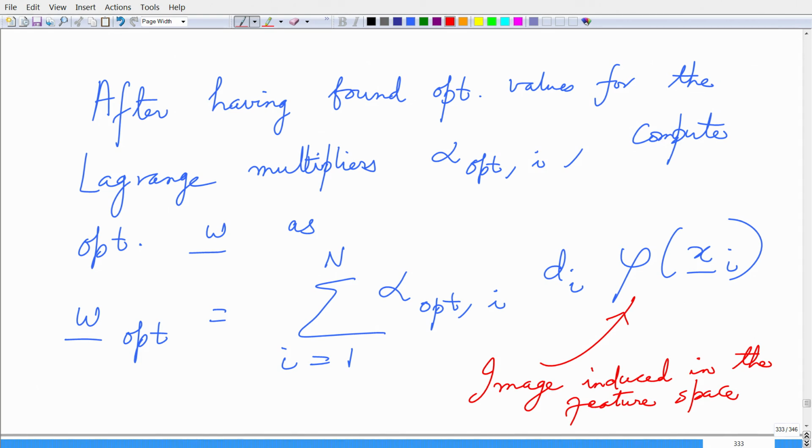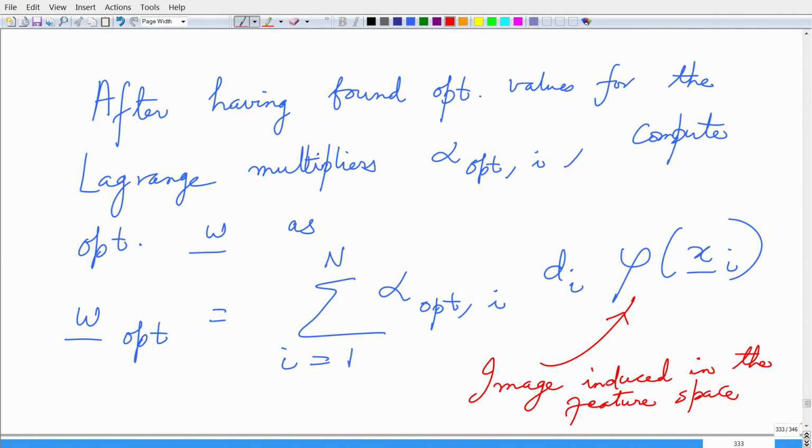Then I can compute the optimum weight vector W according to this equation that I have written down, which is summation i equals 1 to capital N, the optimum Lagrange multiplier multiplied by the desired response times the image induced in the feature space, the image of the input vector in the feature space. So, this is how I can compute this optimum weight vector.